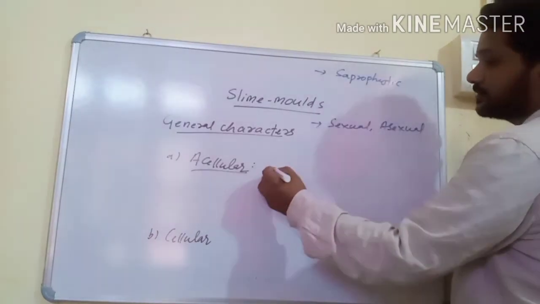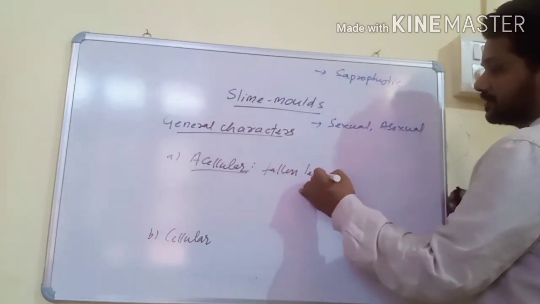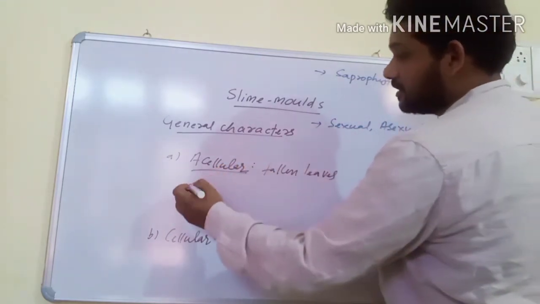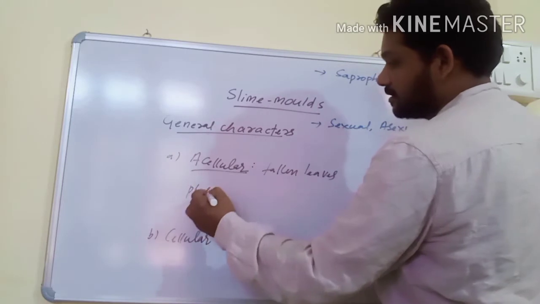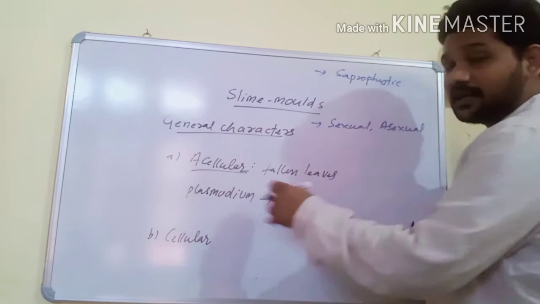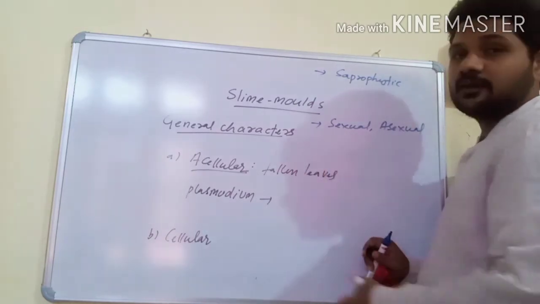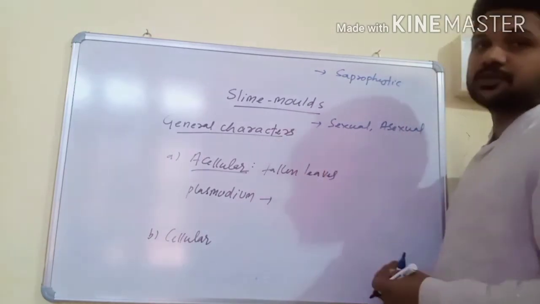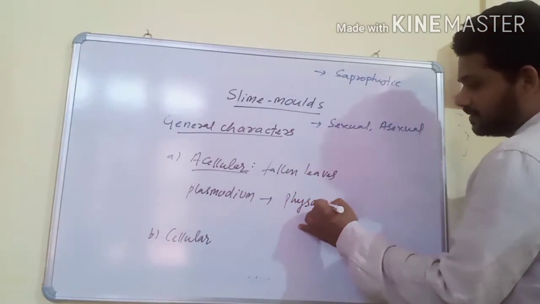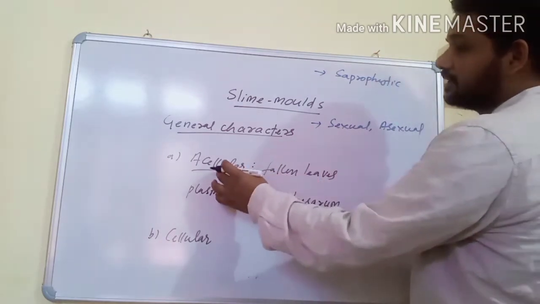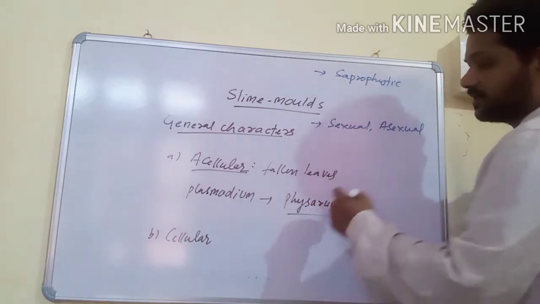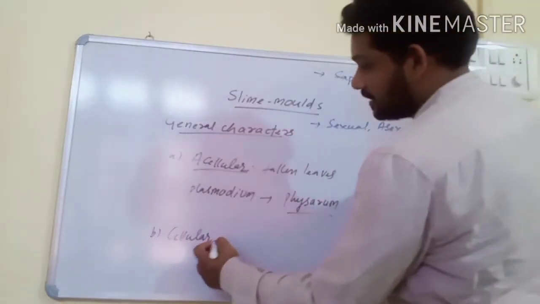They usually occur on fallen leaves. The somatic body of acellular slime molds is known as plasmodium. Under unfavorable conditions the plasmodium forms fruiting bodies, which produce spores. The best example is Physarum.